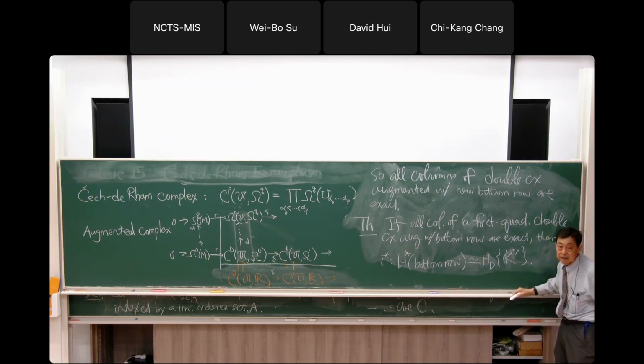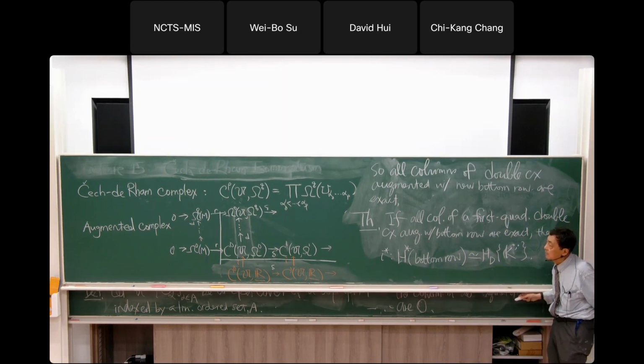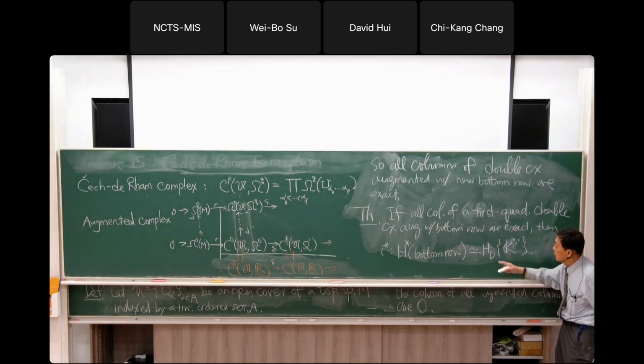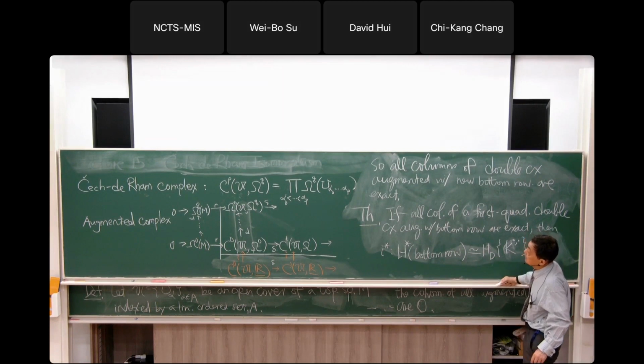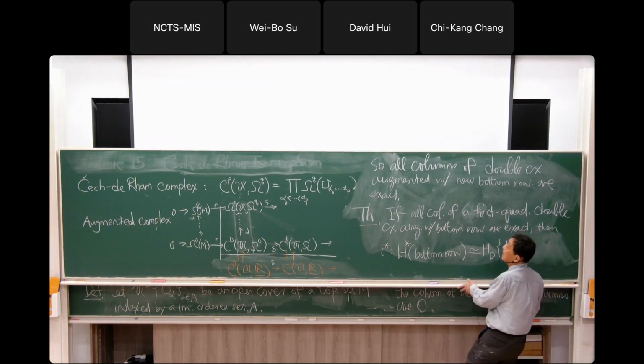And if you apply this to the Cech-Rham complex, it would say that Cech homology of a good cover is isomorphic to the cohomology of the double complex. Okay, yeah.